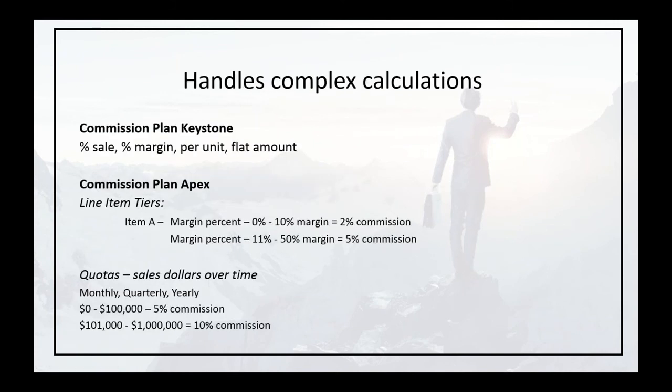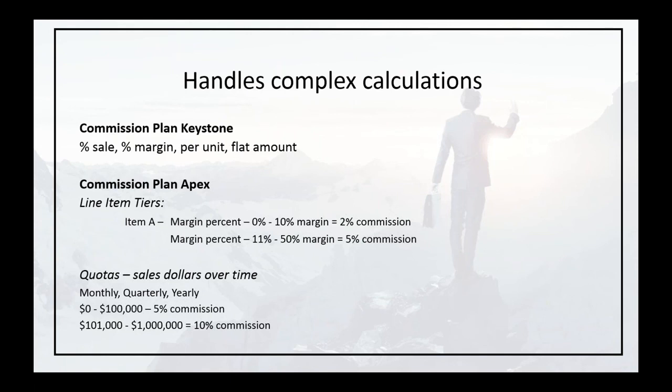Now, what we went over today in Commission Plan, there are two different packages of Commission Plan. Commission Plan Keystone handles calculations like a percent of sale, a percent of margin per unit, or a flat amount. And Commission Plan Apex allows you to have more complicated and complex calculations. For instance, some customers have line item tiers.